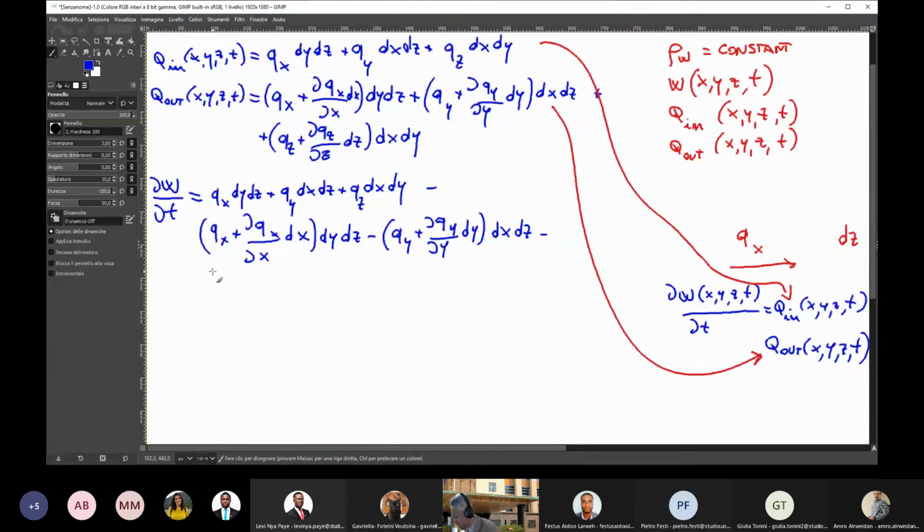And given that I go to a new line, the minus I have to put here a plus, okay? Because minus is already in the line above. And so I can write qz plus partial derivative of qz with respect to z in the z, the x, the y. Okay, very good. This is my substitution. And I think everything is okay.